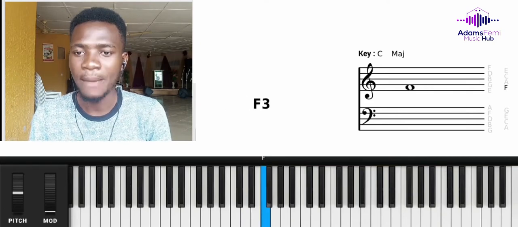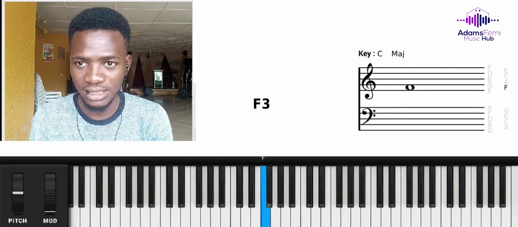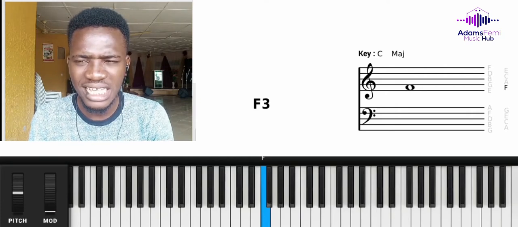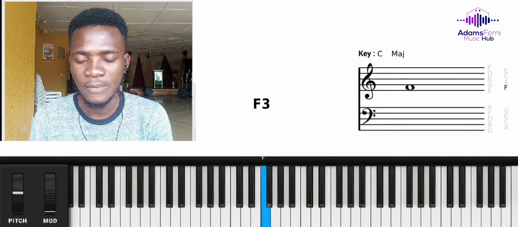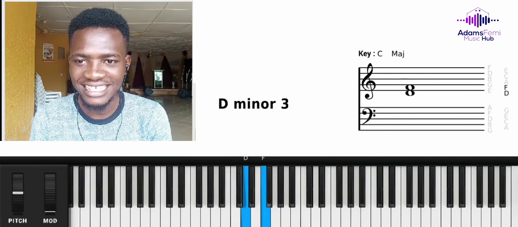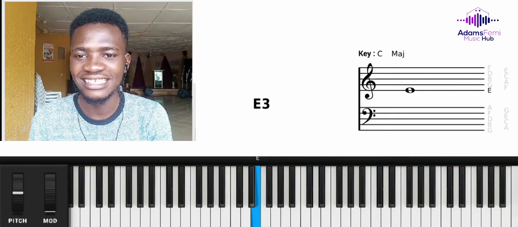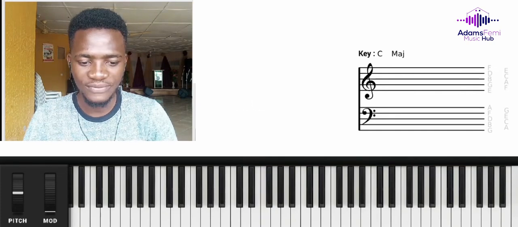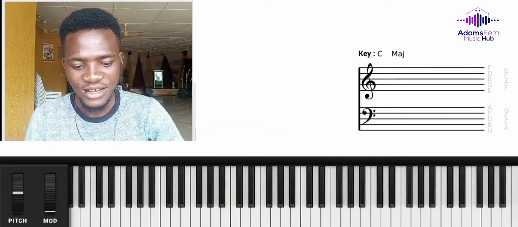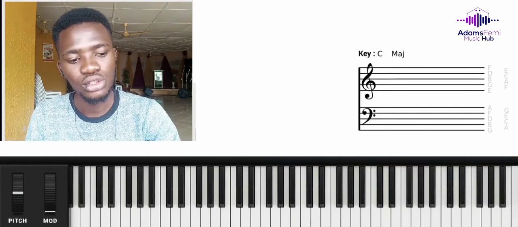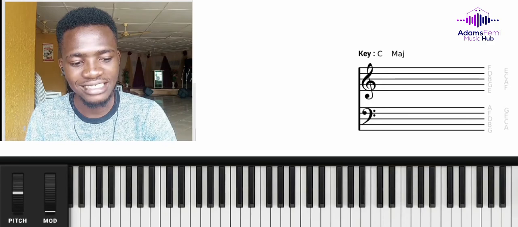Then lastly, by notation, using the first 7 letters of the alphabet: C, D, E, and F. This way we've been able to identify our keys using position, solfege, and notation.